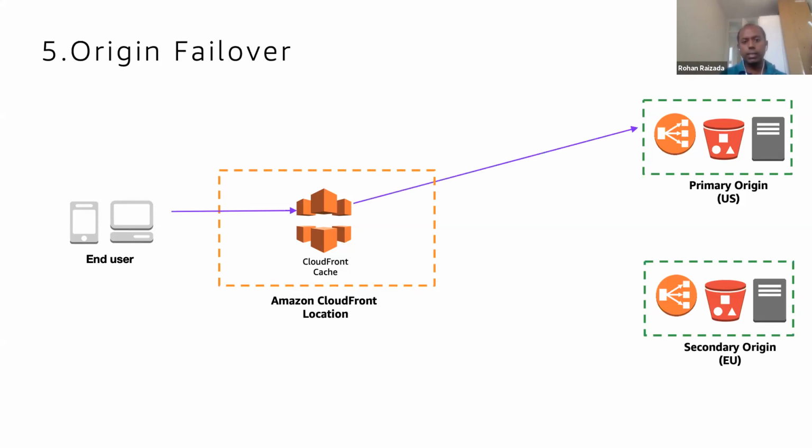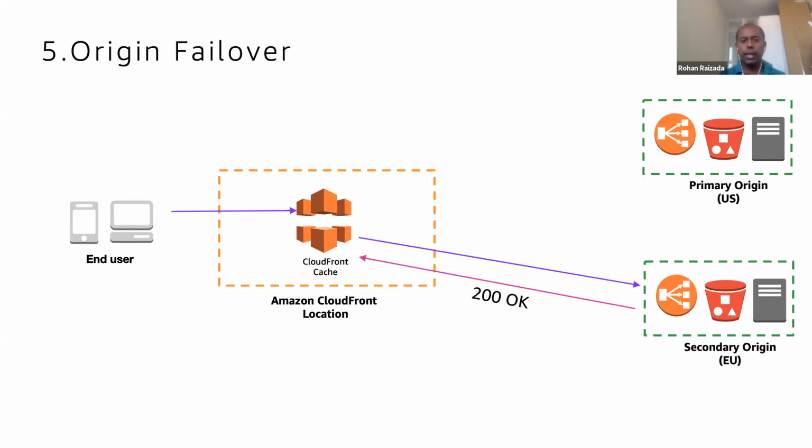If the origin is down and sends 4xx or 5xx errors, you can make another request to your secondary origin, and if the secondary origin is up and running, you can serve the response back to your end users. So that's another example of where you can use Lambda Edge. But again, this is now also possible natively with CloudFront, so you don't necessarily have to rely on Lambda Edge.